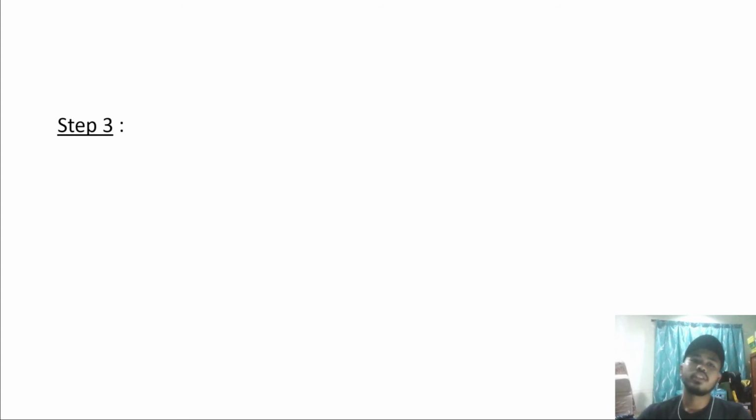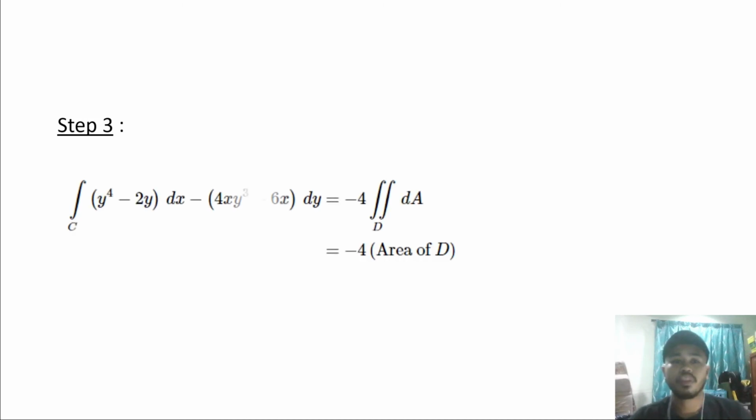On to step 3. Okay, we are now pretty much done with this problem. After factoring out the minus 4 from the integral, we can use the following fact to finish the evaluation of the integral.